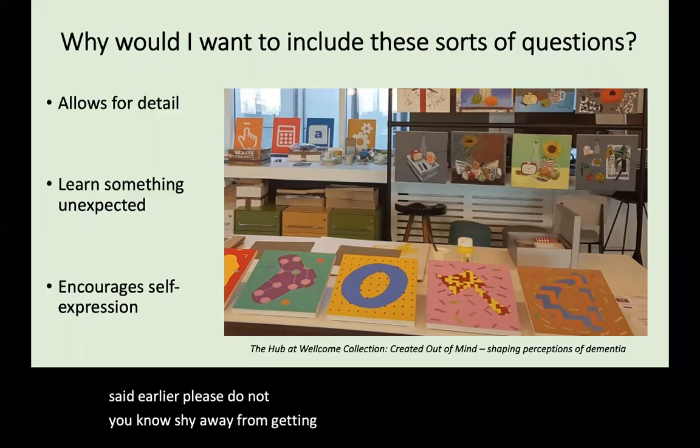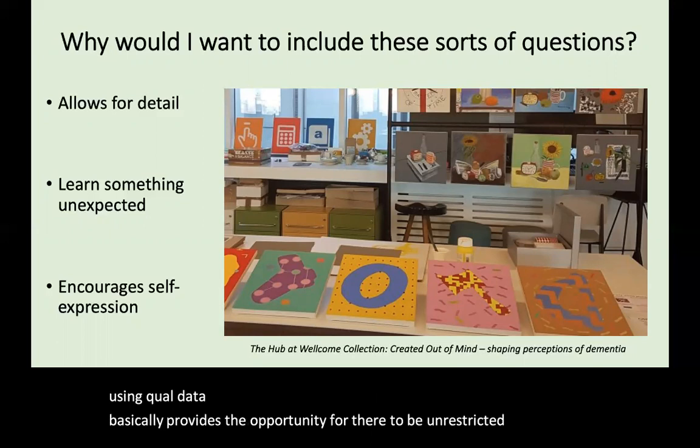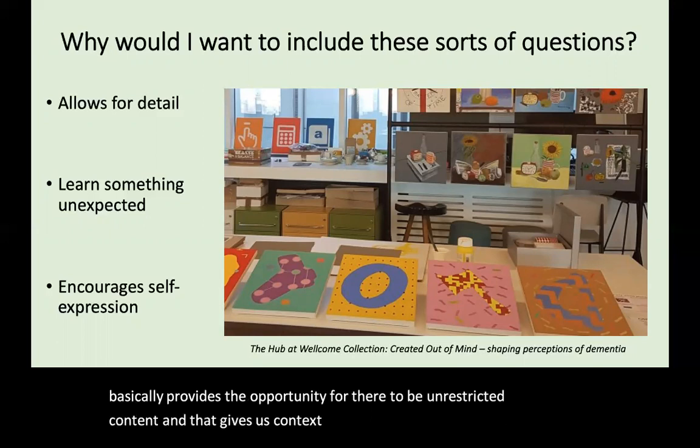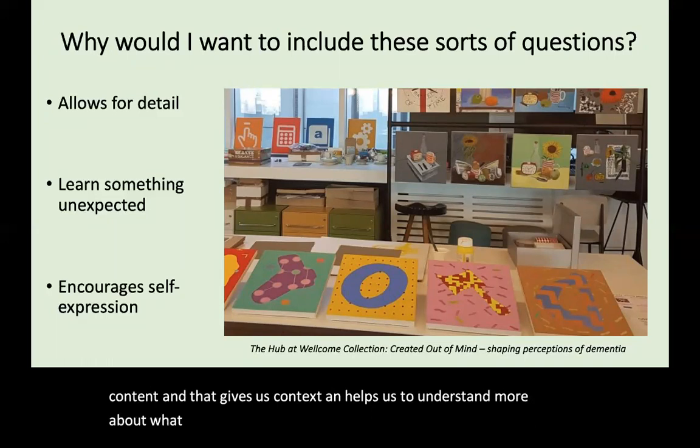Okay, so the first point, allowing for detail. Using qual data provides the opportunity for unrestricted content. And that gives us context and helps us to understand more about what the audience thinks, and helps us gain clarification on their responses to other questions.